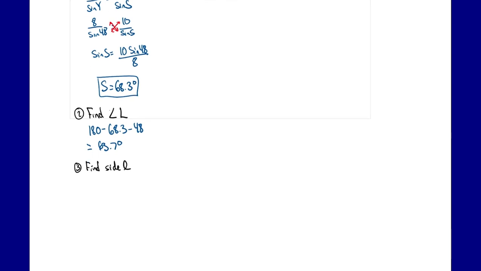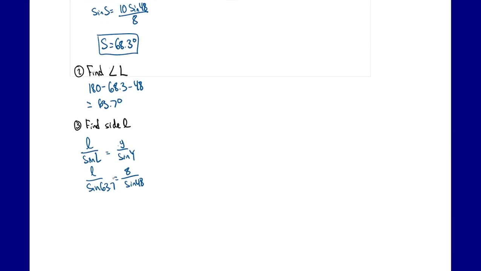So I can use my sine law. Side L over sine L is equal to, I can pick any other pair. I'm going to use the one that was given to me, which was y over sine Y. So L, which I don't know, divided by sine of 63.7, which we had just found, is equal to 8 over sine 48.